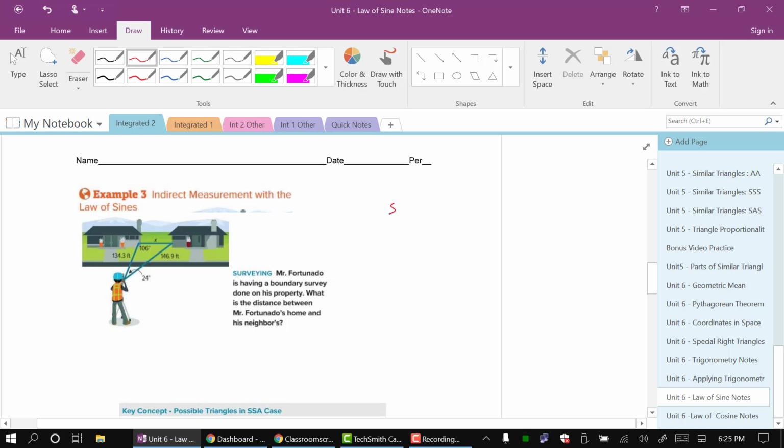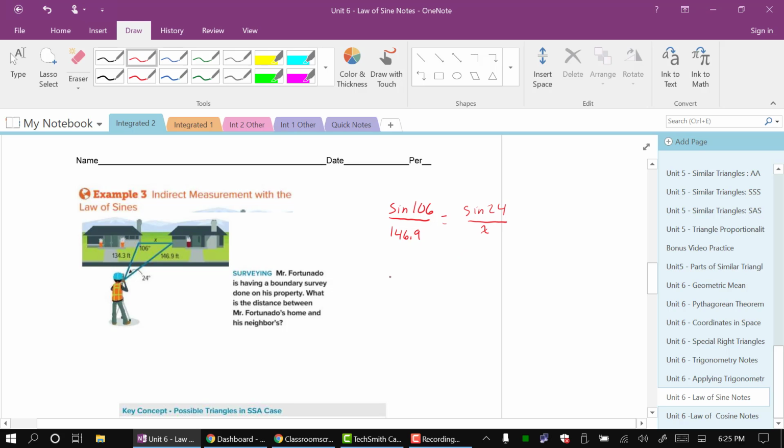So we have sine 106 over, opposite 106 is the 146.9, equals sine 24, and then opposite that is x.